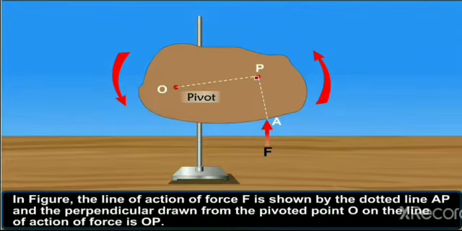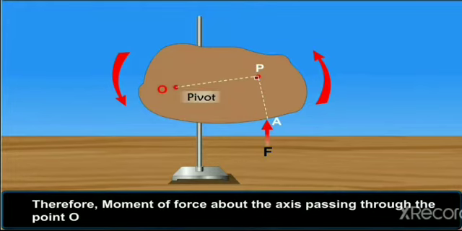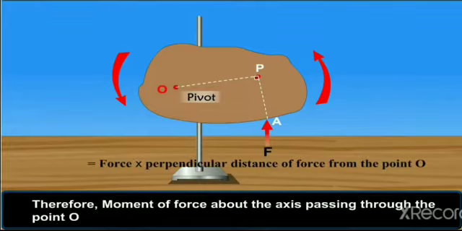In figure, the line of action of force F is shown by the dotted line AP, and the perpendicular drawn from the pivoted point O on the line of action of force is OP. Therefore, moment of force about the axis passing through the point O is equal to force into perpendicular distance of force from the point O, which equals F into OP.